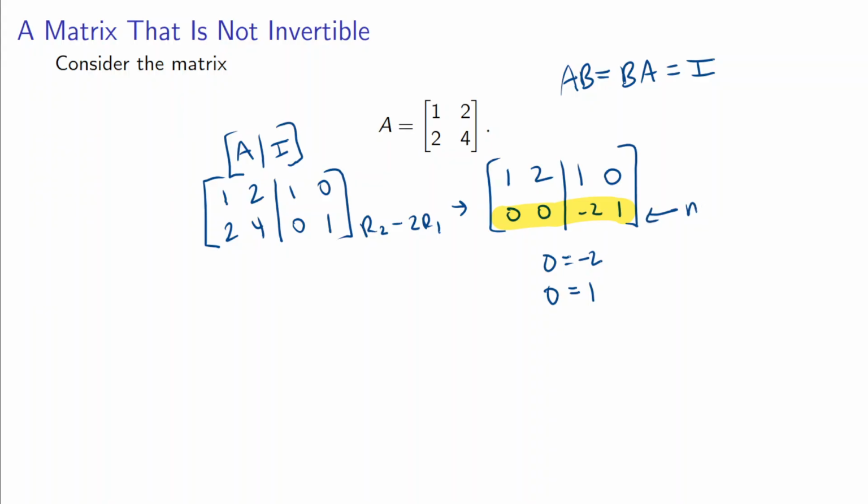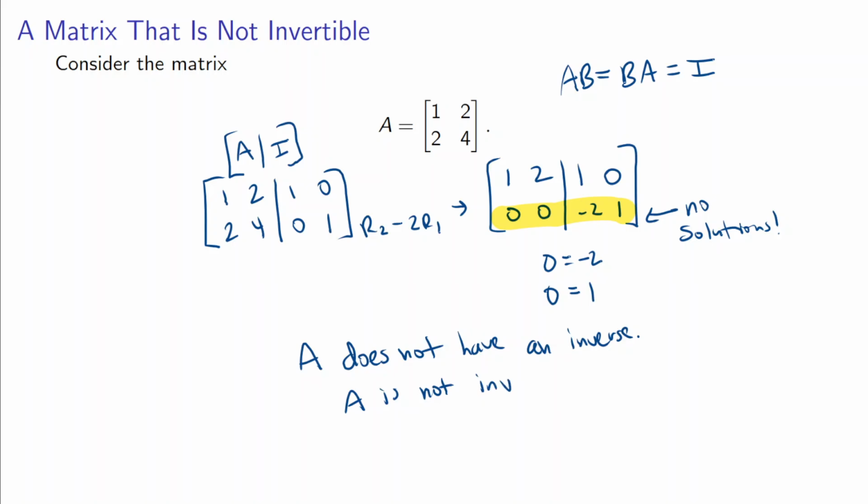These systems would have no solutions, and so A does not have an inverse. We would say A is not invertible.